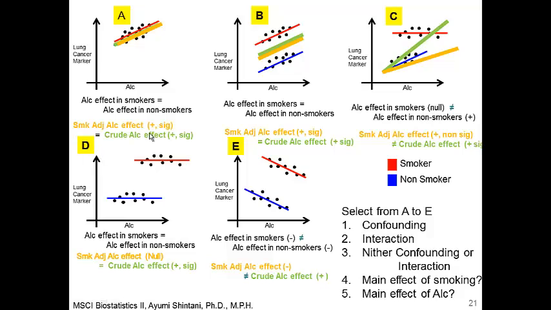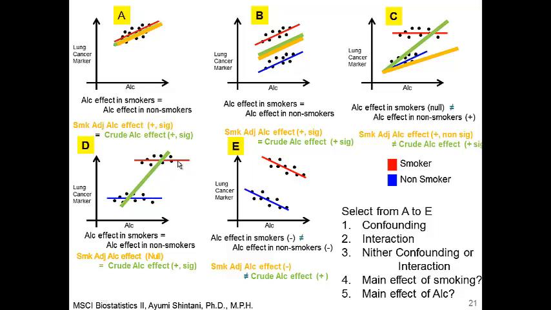And scenario D, how about this? Do you think smoking is confounding the association between alcohol and lung cancer? So let's draw an unadjusted line, that is this. You forget about blue and red, and you just put a straight line over these black dots.